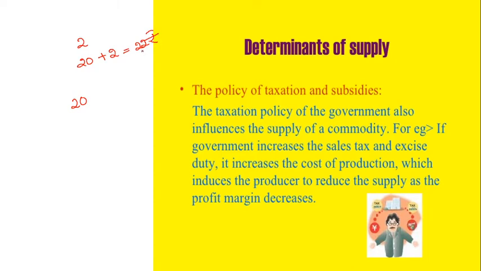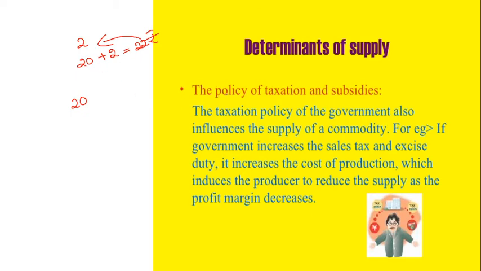Of that 22 rupees, 2 rupees is lost for you. How? You have to pay 2 rupees to the government from your revenue, which is the loss for the producer. And when the prices increase, automatically the consumer will reduce their consumption.